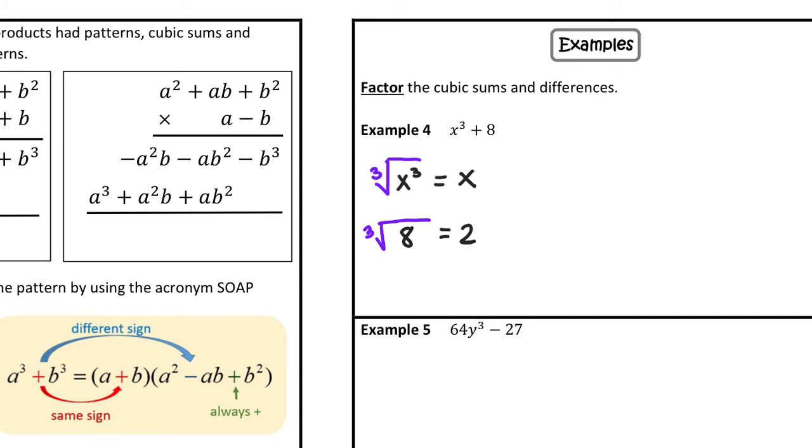Okay, so this x and this 2 are going to be like my A and my B. But let me use a different color instead of blue. I need to erase it, so let me put back the x there. Let me choose orange. Okay, so this is going to be my A. This is going to be my B.